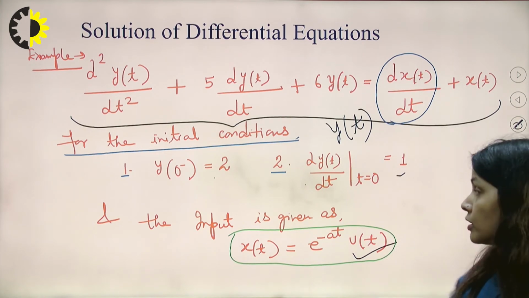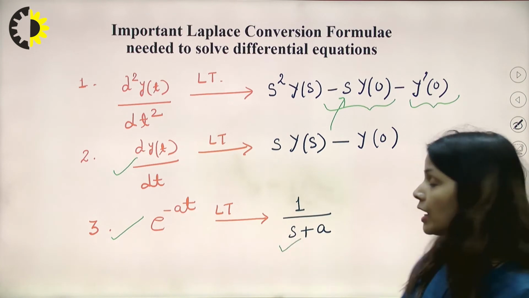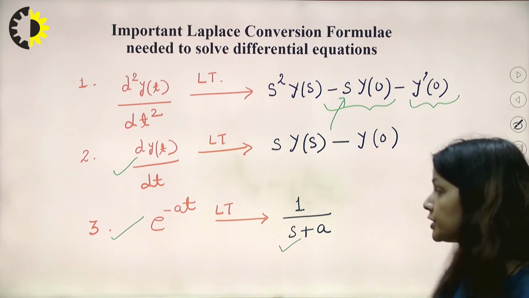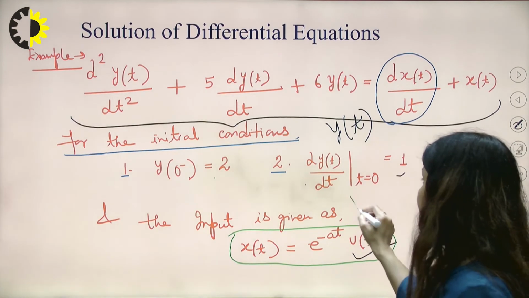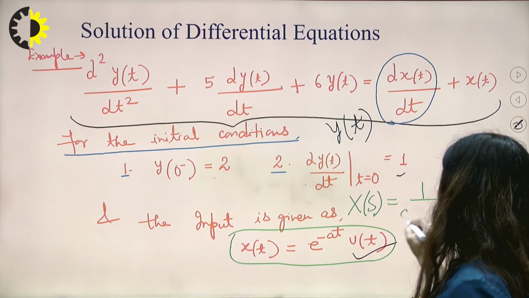For this, I have already told this particular formula: the Laplace transform will be 1 upon s plus a. So X(s) is equal to 1 upon s plus a.